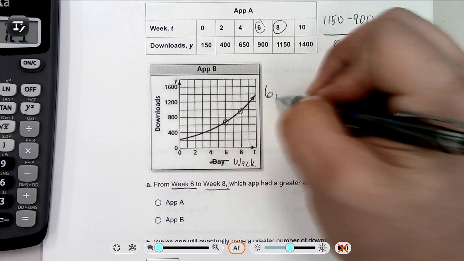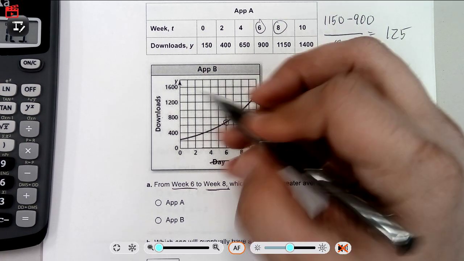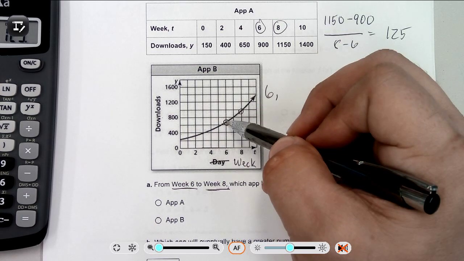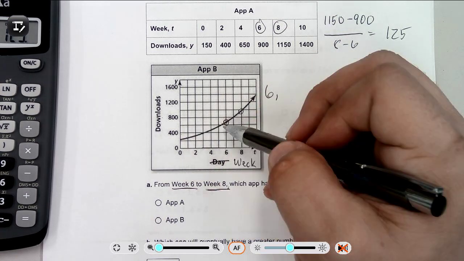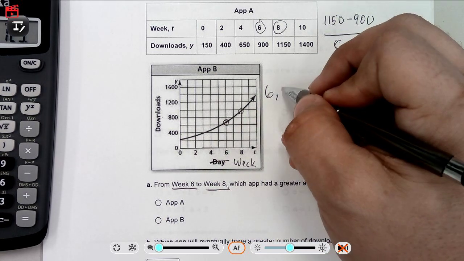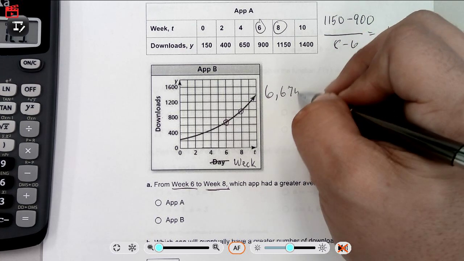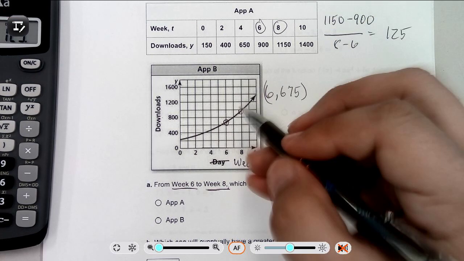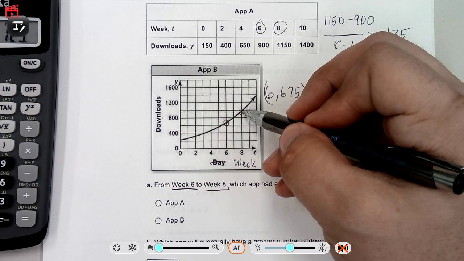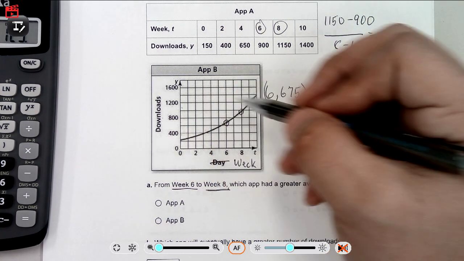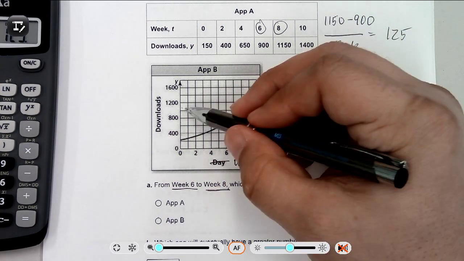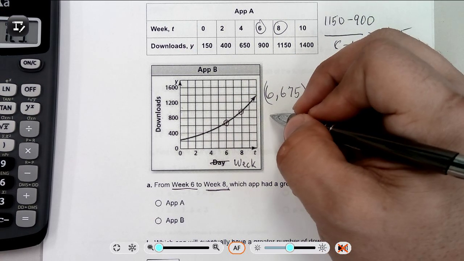So this looks to be approximately 6, 400, 600, maybe 700, maybe 675. It looks like it could be 675. And then this looks to be 800, 1,000, right under 1,000, maybe 975.